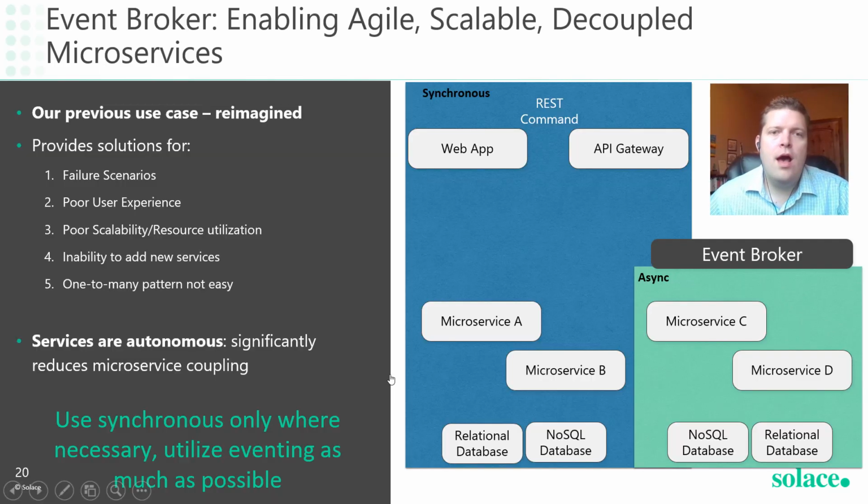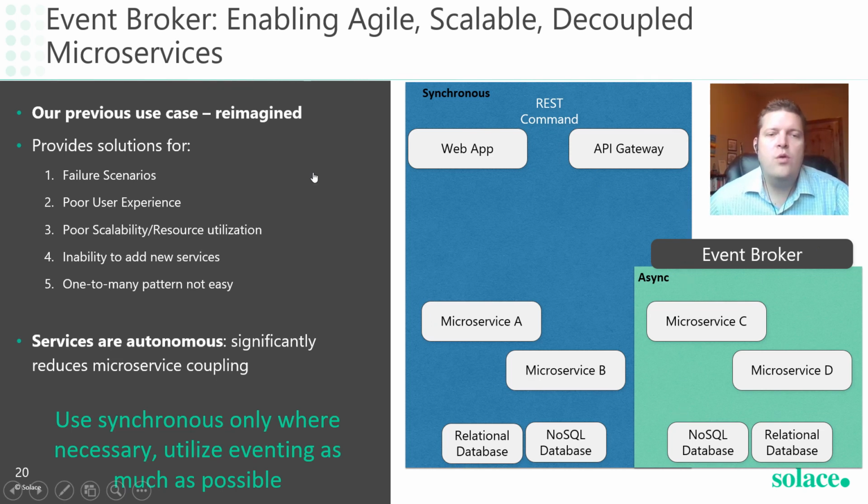If you remember from the last video, we had a use case where you had a web application that was going to issue a REST command. Maybe that's an open account type of command that was going to flow through an API gateway. Before, we had our choreographed microservices, A called B, called C, called D. Now we've reimagined this into a set of synchronous interactions and a set of asynchronous interactions.